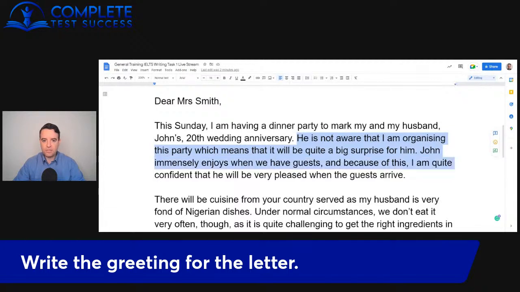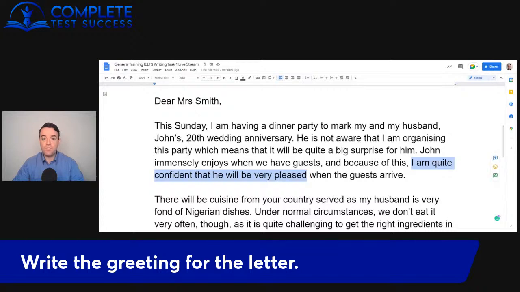John immensely enjoys when we have guests, and because of this, I am quite confident that he will be very pleased when the guests arrive. Okay, so all I've done is discuss why. But you'll notice as well that it is very formal language because I'm writing a formal letter. So let's say, for example, I am quite confident that he will be very pleased.